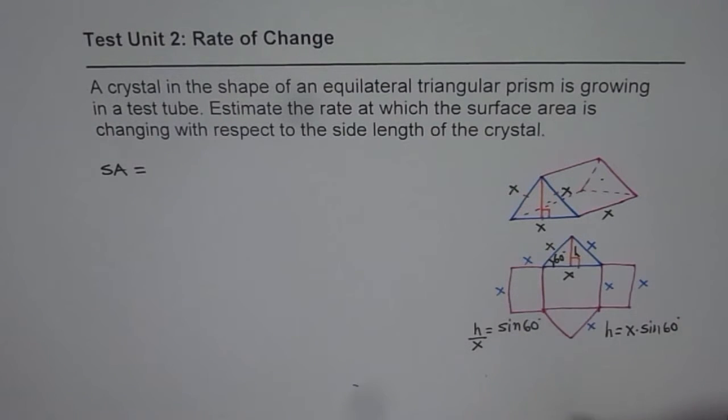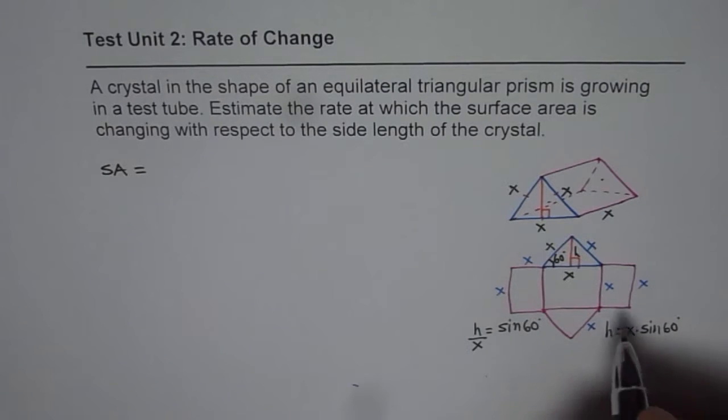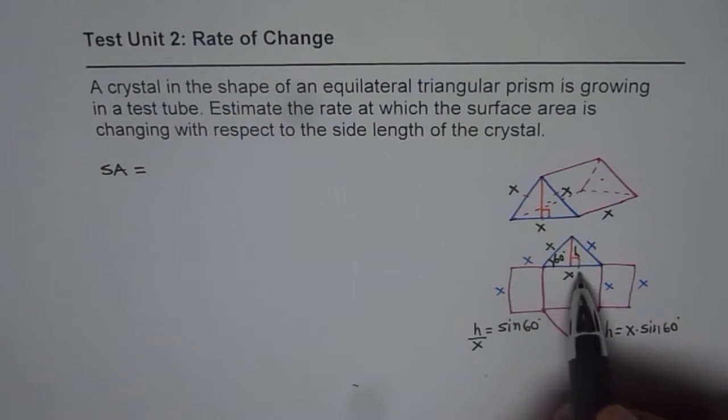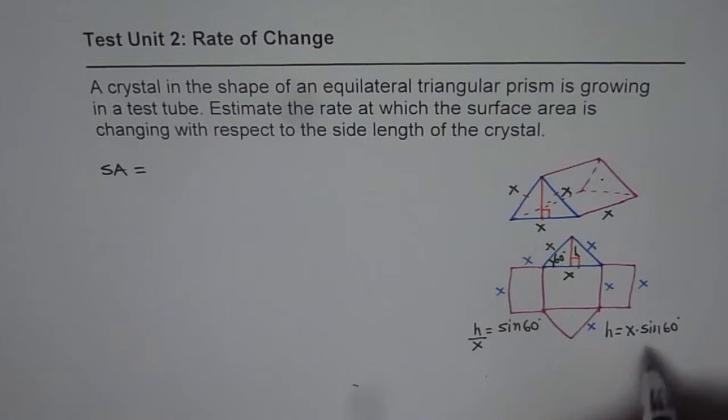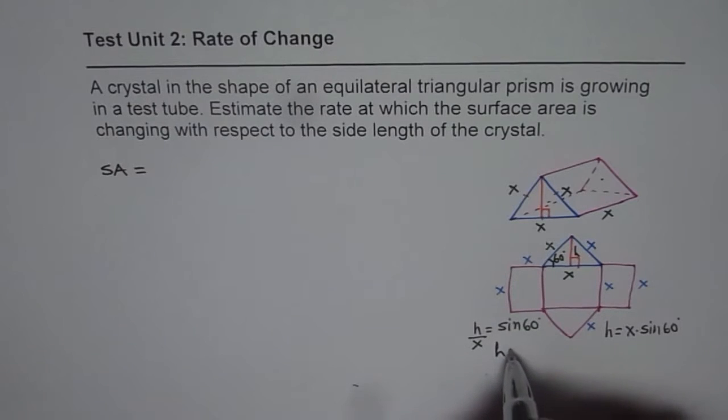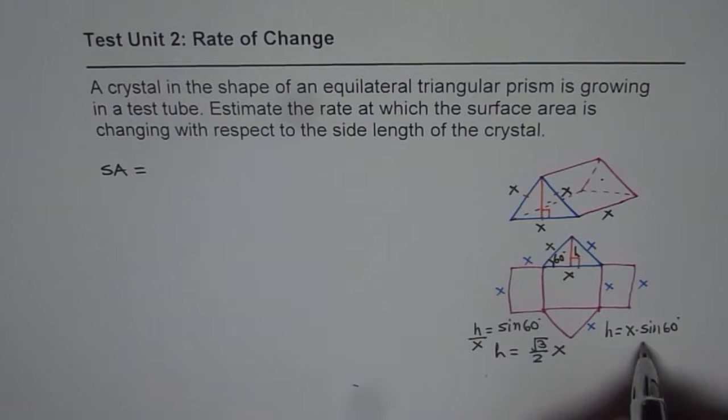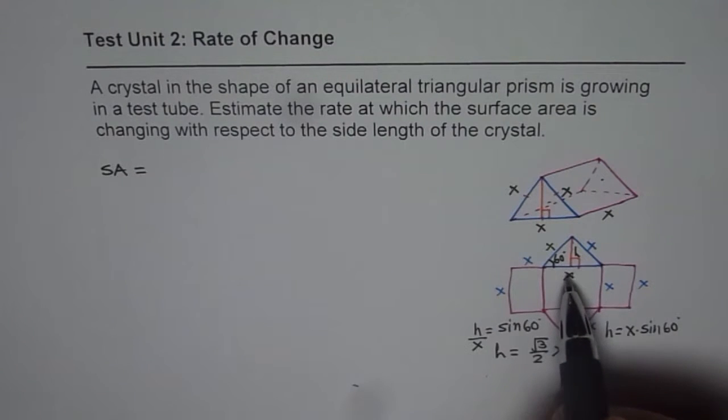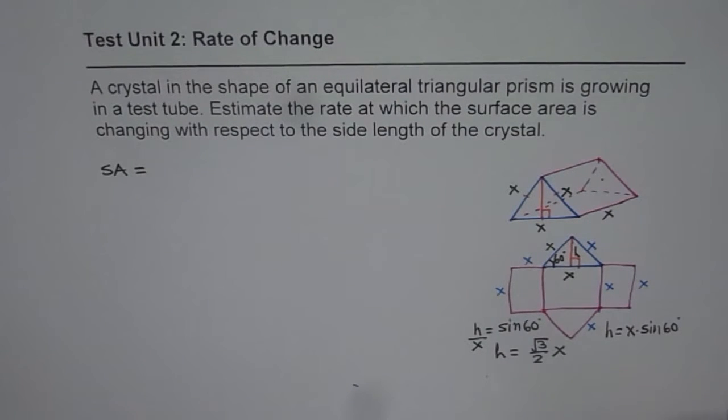And sine of 60 degrees is square root 3 over 2, right? Or you could also use a special triangle 30, 60, 90 and get sine 60. So from here what we found is that height is equal to square root 3 over 2 x, right? And that is how you get it, because sine 60 is square root 3 over 2. Or you could use a 60, 30, 90 special triangle to get this height.